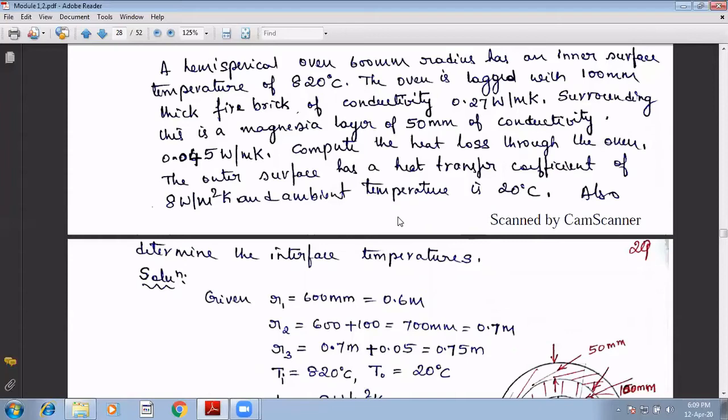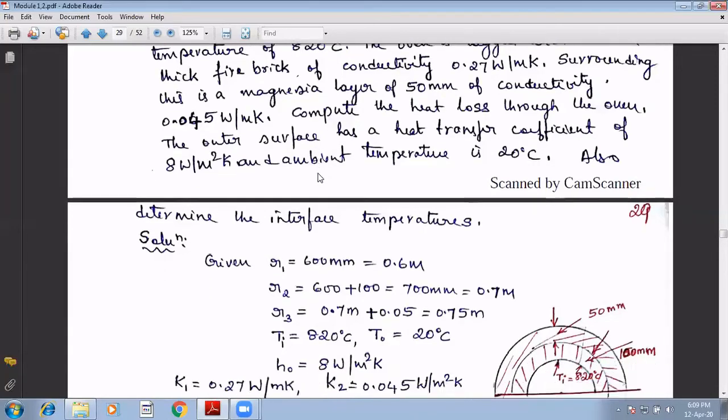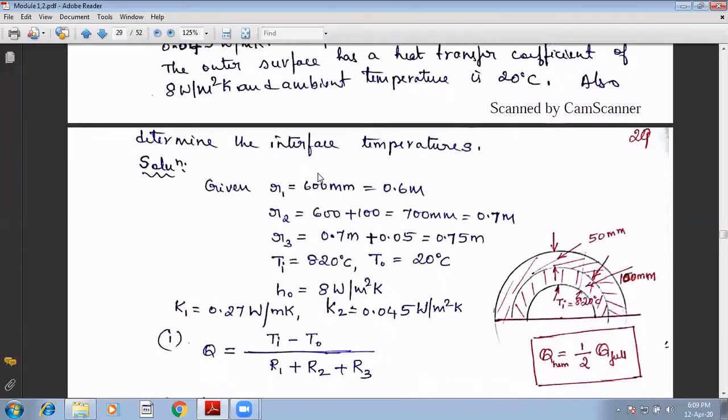Surrounding this is a magnesia layer, 50 mm of conductivity 0.045. So this is 50 mm. First layer is 100 mm. Corresponding thermal conductivity is 0.27. Next is 50 mm. Corresponding thermal conductivity is 0.045. Compute the heat loss. The outer surface has heat transfer coefficient of 8 watt per meter square Kelvin, and the ambient temperature is 20 degrees Celsius.